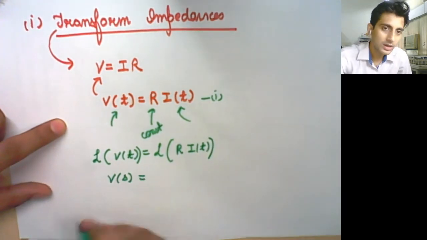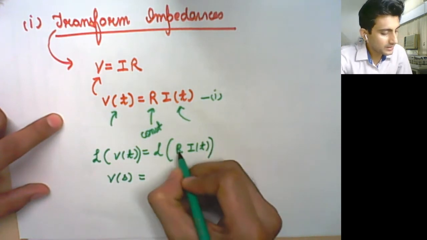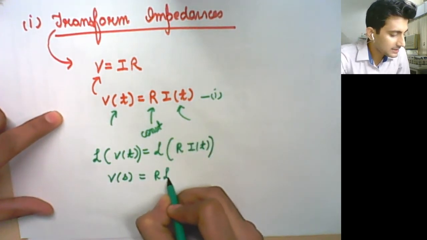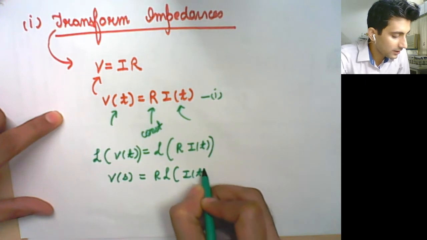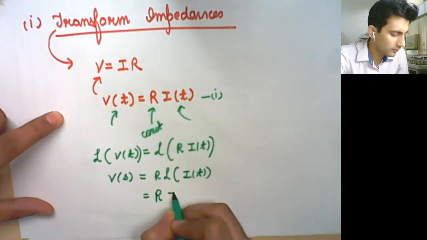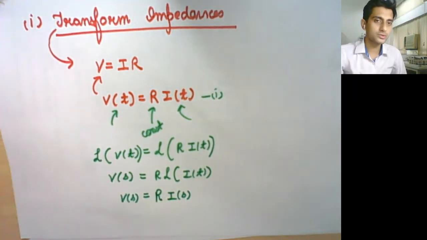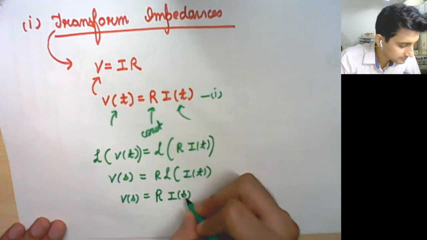Because I have told you that Laplace transforms are linear, we can take this R out and simply write that Vs is equal to R into Is.